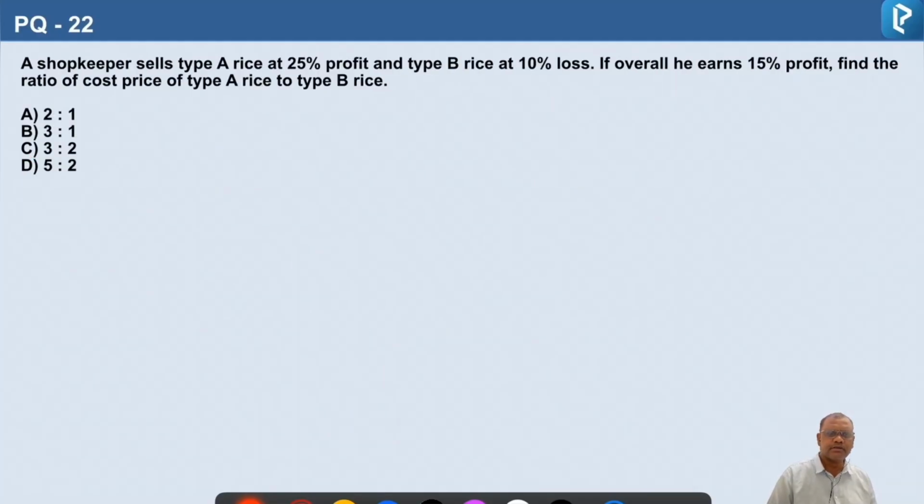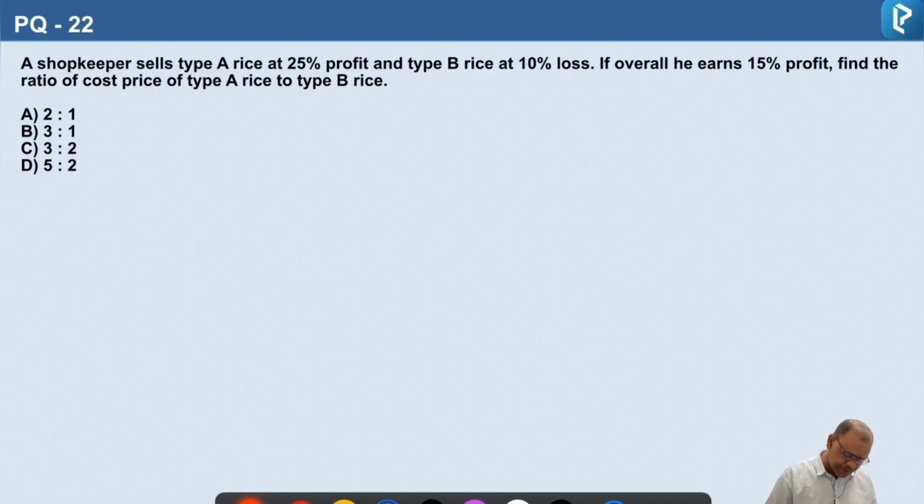Question number 22. A shopkeeper sells type A rice at 25% profit and type B rice at 10% loss. If overall he earns 15% profit, find the ratio of cost price of type A rice to type B rice. We have type A and type B. Type A is selling at a profit of 25%.